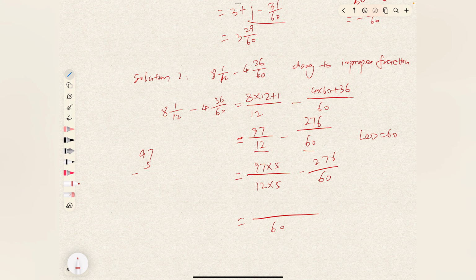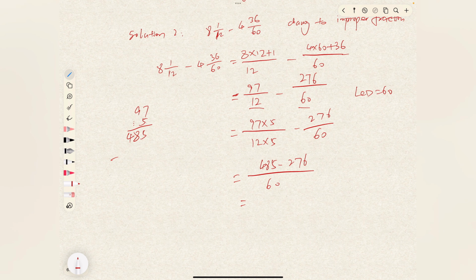So 97 times 5 is 485, minus 276 will give us 209 divided by 60.